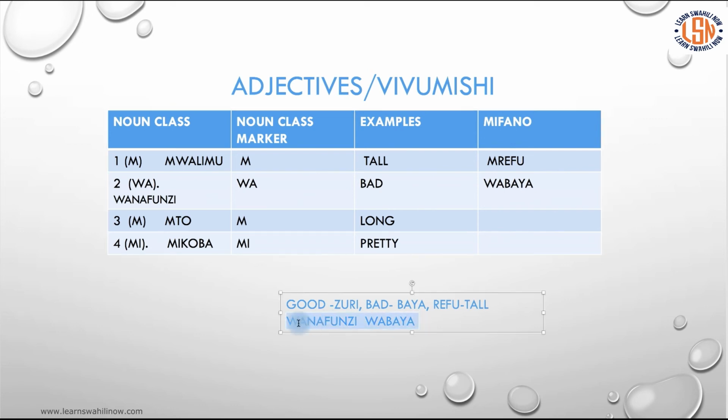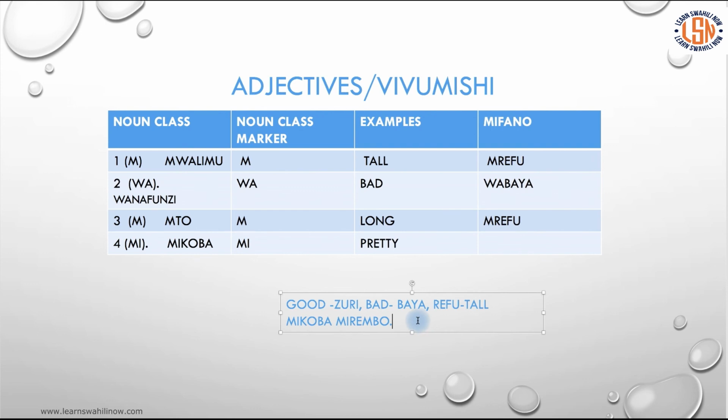Did you say mto, mrefu? Okay, so mrefu is long, and then pretty bag, mikoba, mirembo. Okay, so the word for pretty is rembo. And then I simply affix the noun class marker, me.